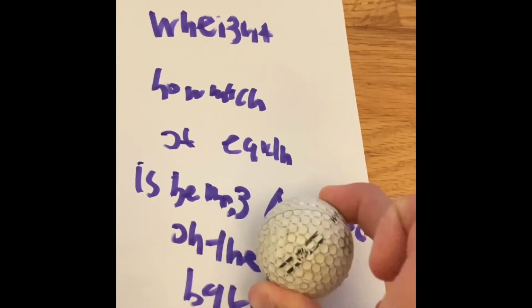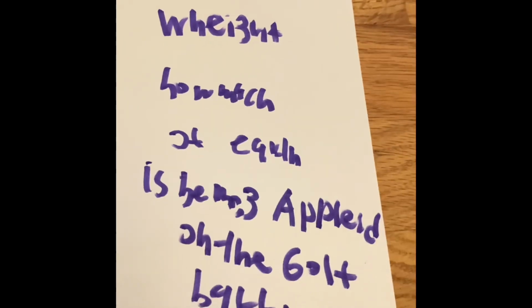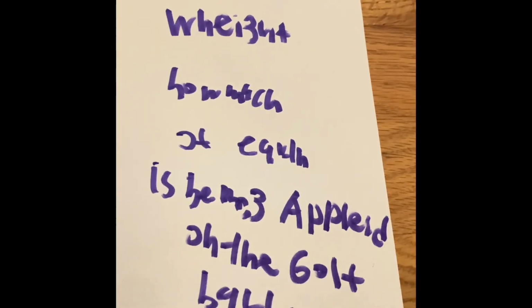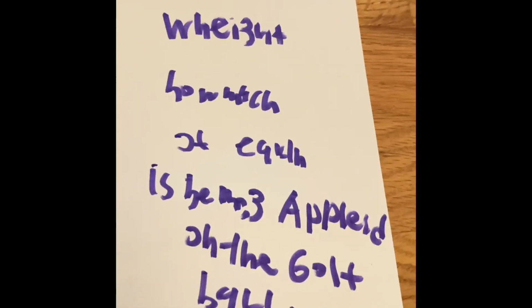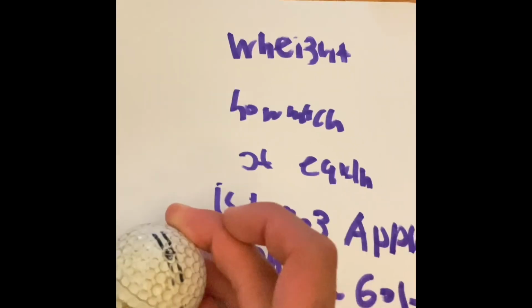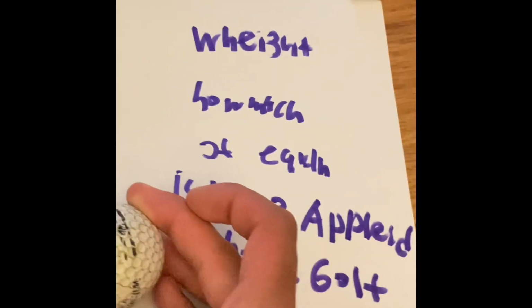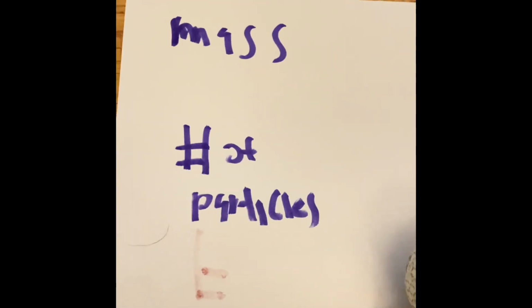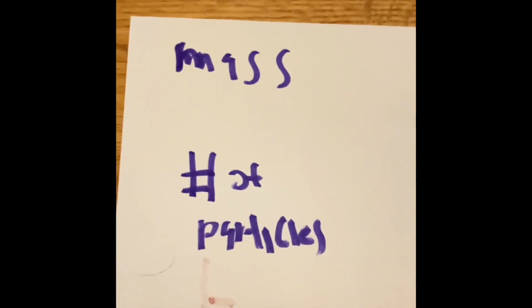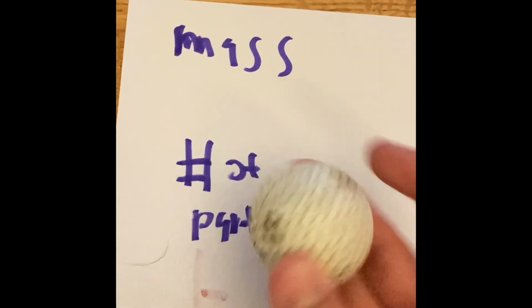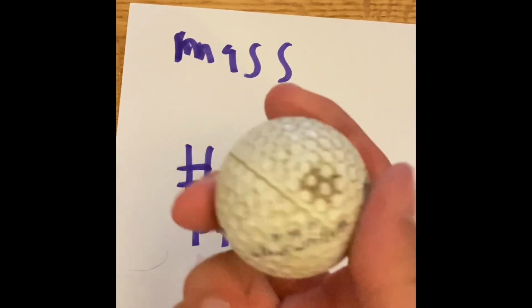Like, let's say you weigh 100 pounds on Earth. You would weigh different weights or different measures on different planets. Like, if I bring this golf ball to the moon, the weight will change. If I bring it to Jupiter, it will change. But if I bring the golf ball to both of those objects or planets, the golf ball will never change its mass because it's still made up of particles.